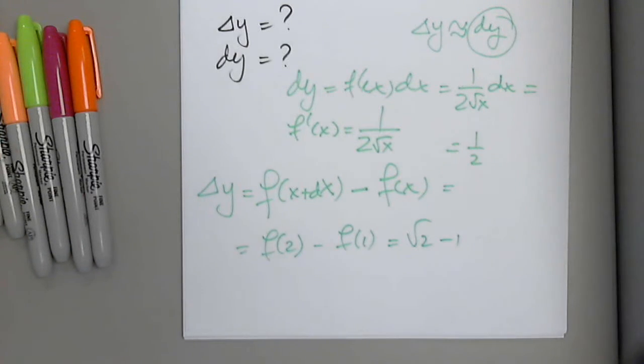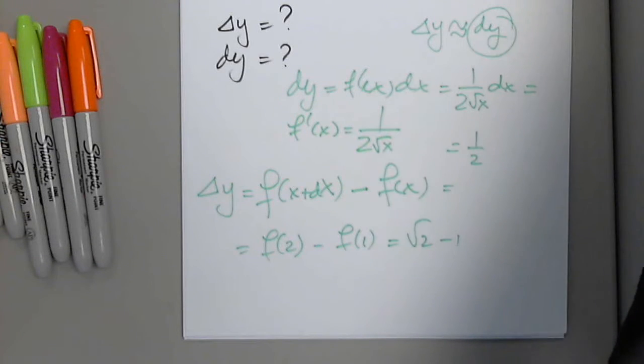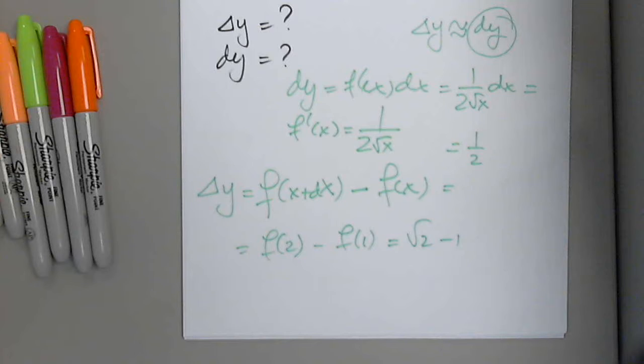However, if you punch it in the graphing calculator, we have the square root of 2 minus 1 versus 0.5. As you see, as expected, because dx is not tiny, and because x is also small, 0.5 and 0.41 are not very close.